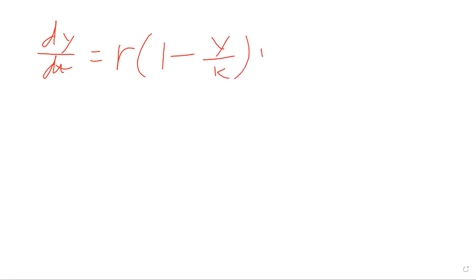I had mentioned then, so our function is dy/dt is some rate r times (1 minus y over k) times y, and that's some function of y.